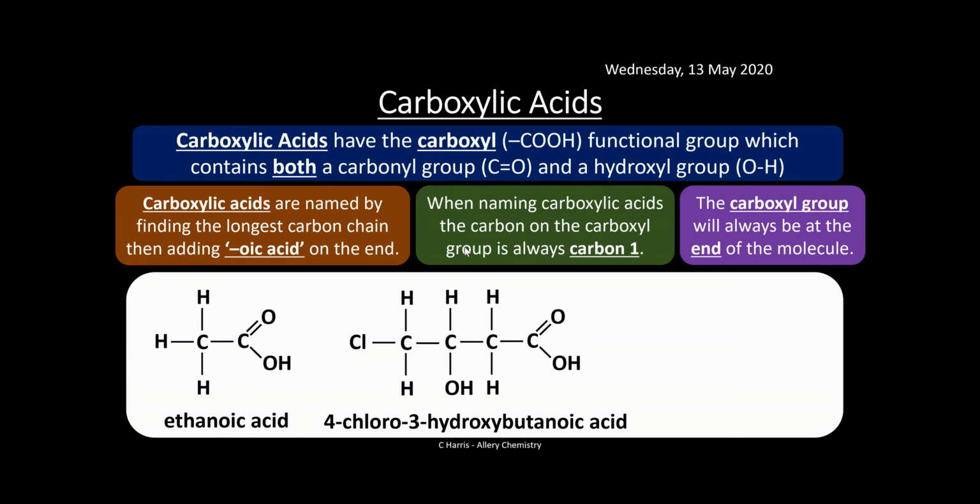This next one is a little bit more complicated, just to show you how it works: 4-chloro-3-hydroxybutanoic acid. It's butanoic because we have 4 carbons in the chain. This carbon is always labelled as carbon 1, always. So it's 1, 2, 3, so it's 3-hydroxy, 4-chloro, as you can see there. That's just to show how it can be named, making sure that the carboxyl group is always carbon 1.